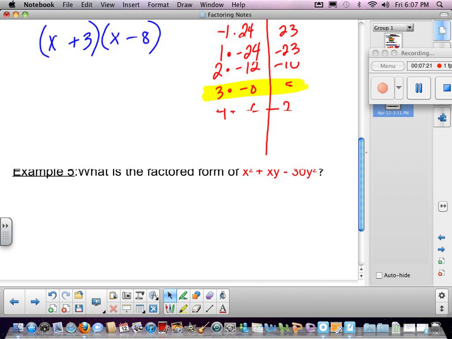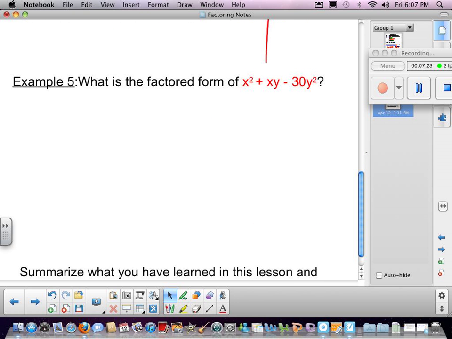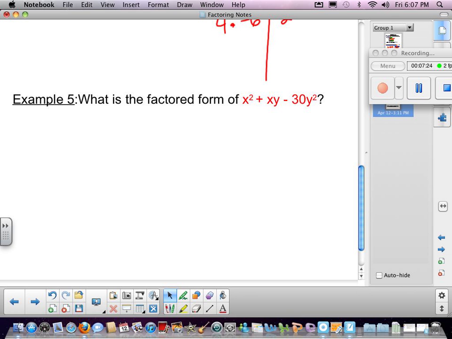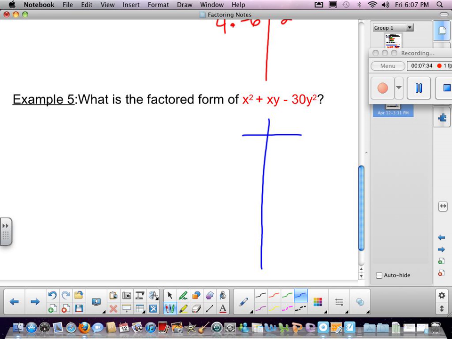All right, the last example we're going to work out would be to find the factored form of x squared plus xy minus 30y squared. All we did in this term was add another variable into the mix. So we're still going to be looking for the factors of the c term.